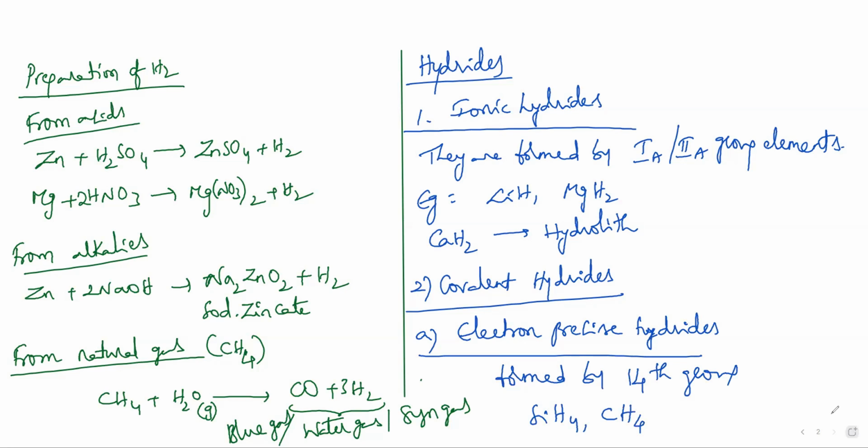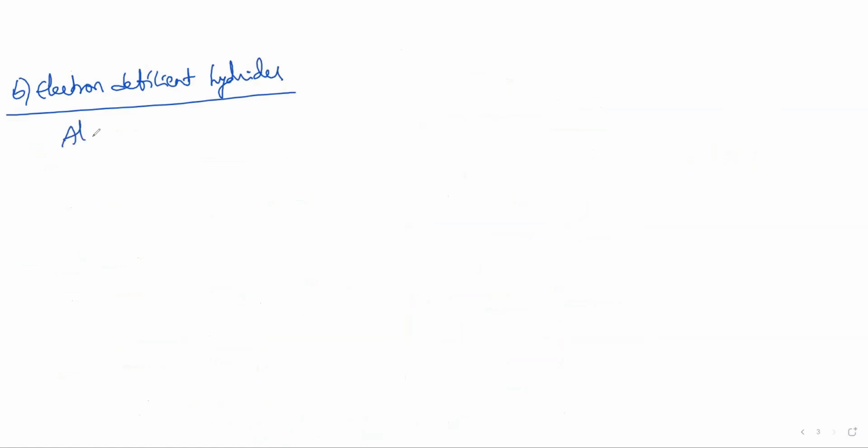Next one, electron deficient hydrides. What are they? Aluminum hydride, for example. They are electron deficient. That means 13th group elements.